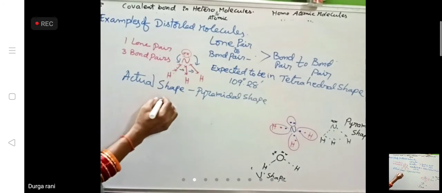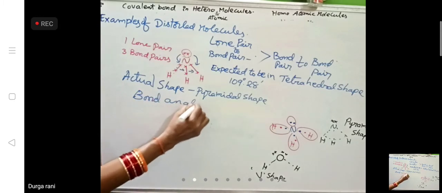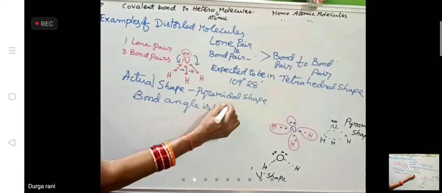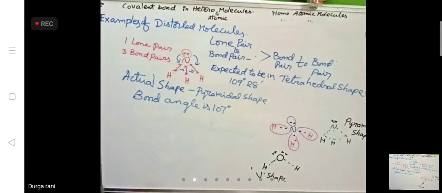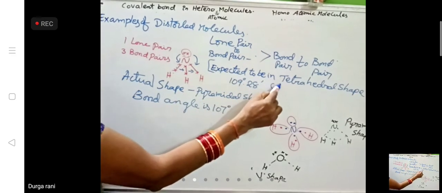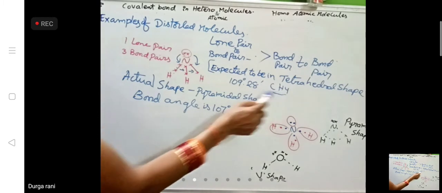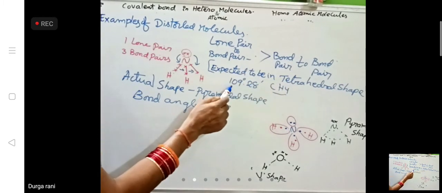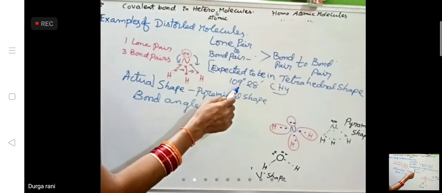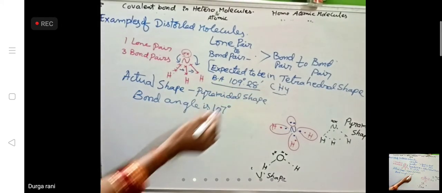Next, the bond angle is 107 degrees. CH4 molecule has the tetrahedral shape and the bond angle is 109 degrees 28 minutes.